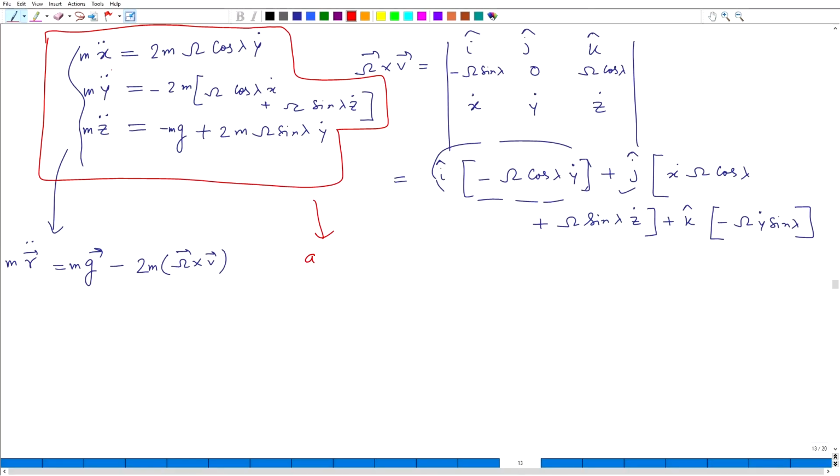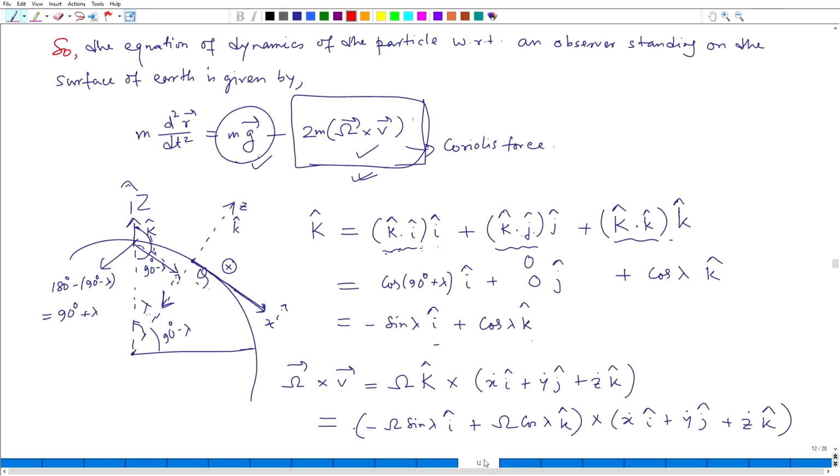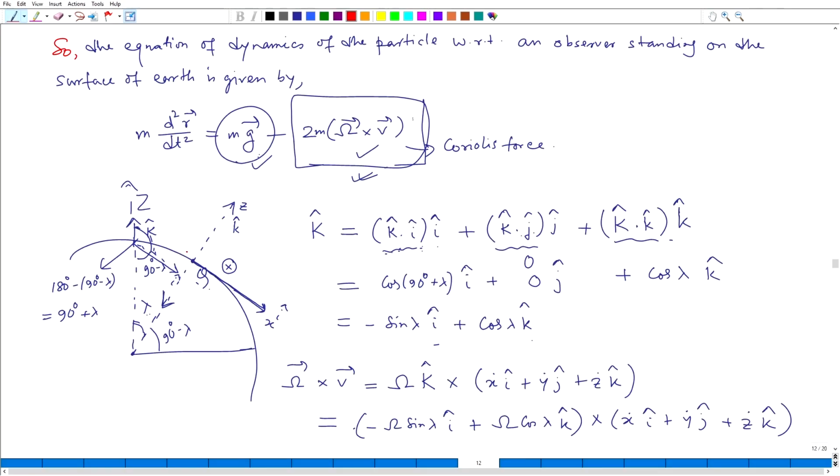That means at t equal to 0, x dot equals 0 equals y dot equals z dot, and x equals 0, y equals 0, but small z equals h. When we say from a distance small h from the earth surface, this distance is along the small z direction.